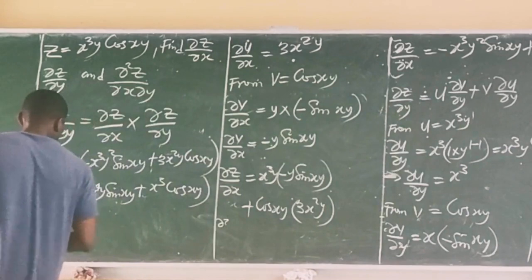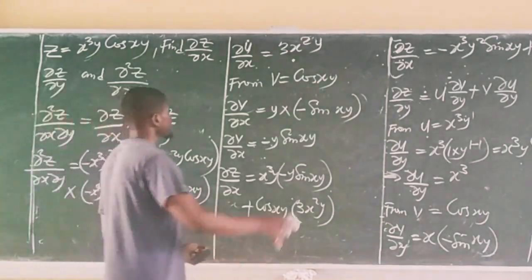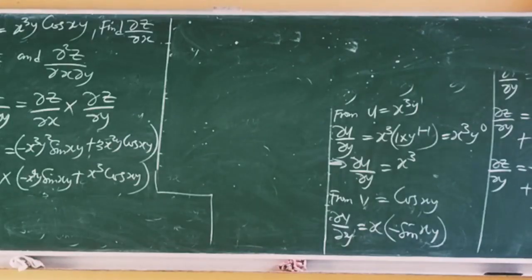Okay, so we may want to expand the bracket. So we're going to now expand this bracket and see what we're going to have. So partial squared z, partial x, partial y is now equal to, first of all, minus x cubed y squared sine xy multiplied by minus x to the 4 y sine xy.